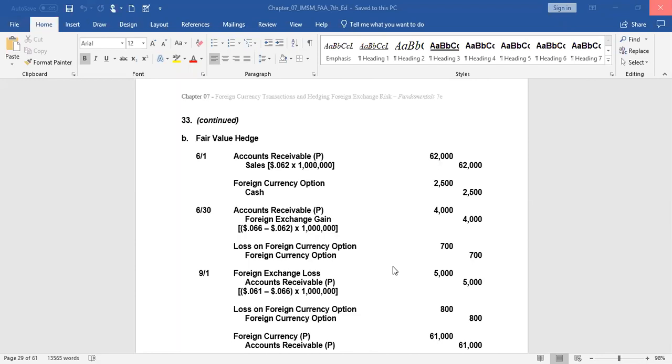On June 30th, you record the gain related to the increase in value on those pesos. So if you collected those pesos on June 30th, you would have collected $4,000 more in cash than you would have if you just sold them outright for cash on June 1st. So debit accounts receivable, credit the foreign exchange gain.